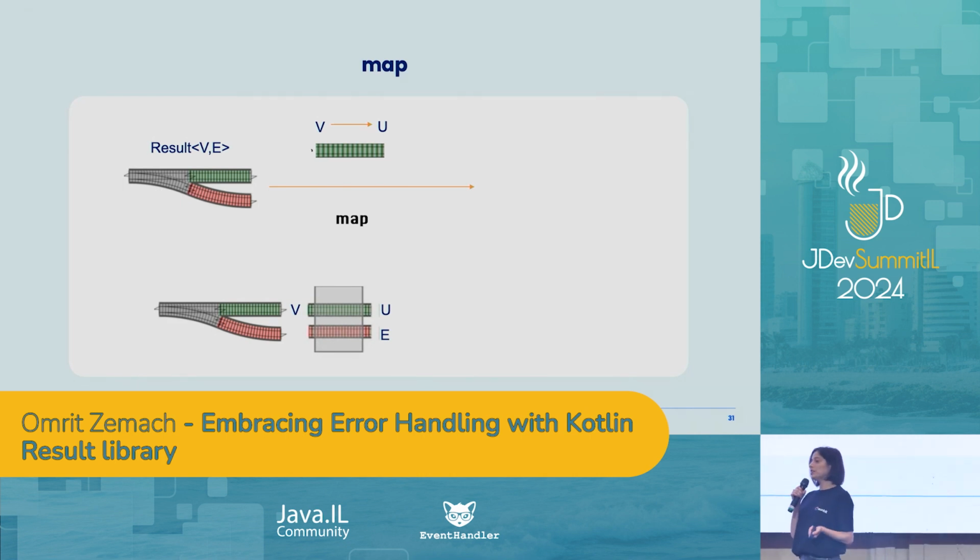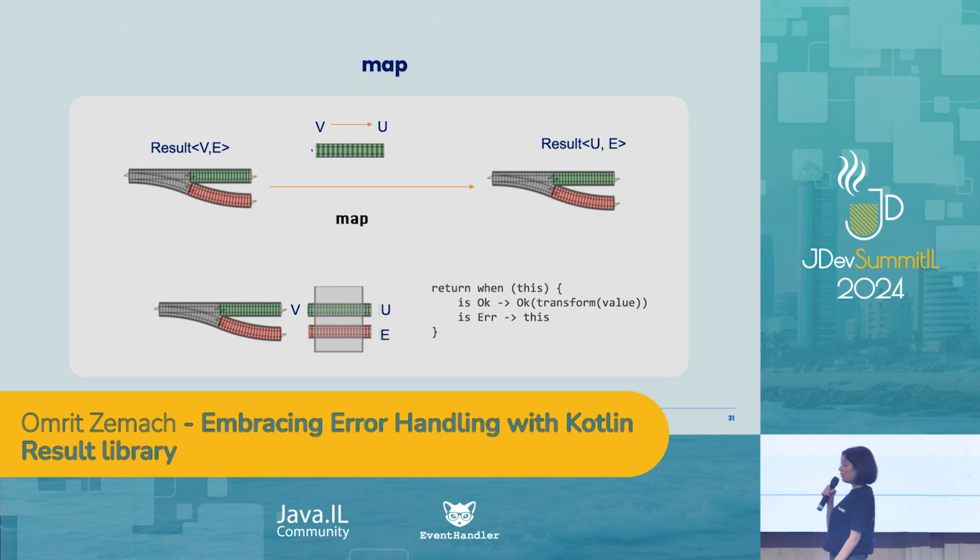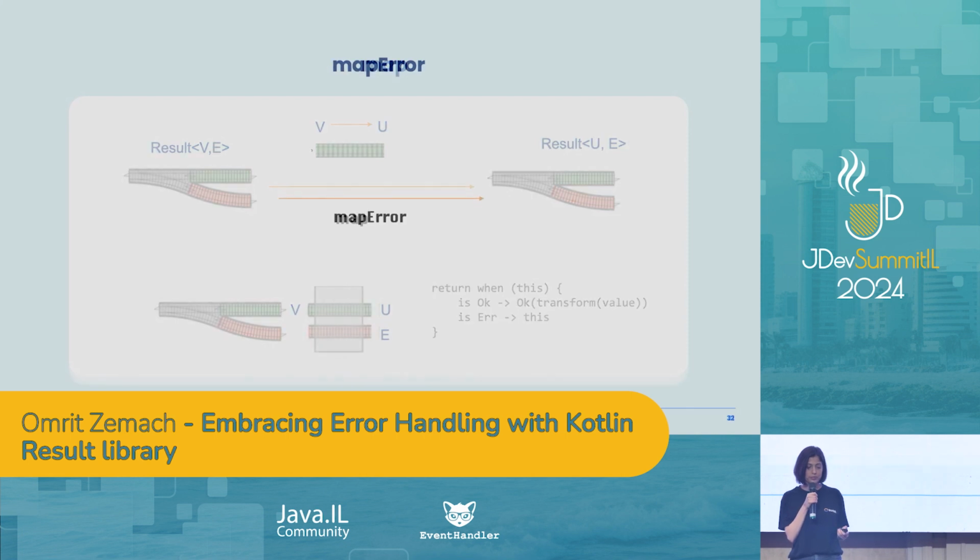In case of an error, the map maintains the original input and outputs it as a result. So in the end, we will have a result with either a success value, which is the output of the transformation function, or the error from the original input.